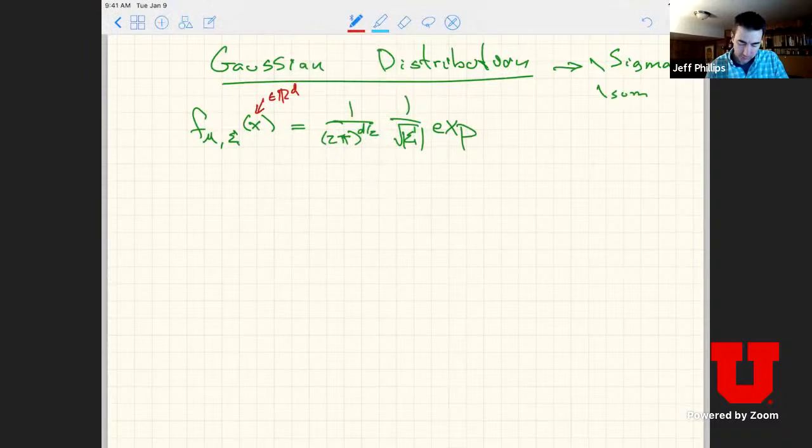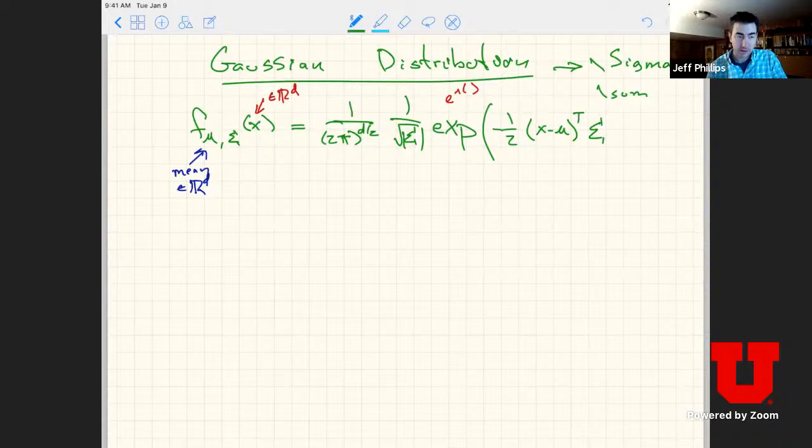The power is minus 1/2 times (x minus mu) transpose, sigma inverse, times (x minus mu), all inside the exponent. Mu is kind of like a mean; it is a point in R^d.